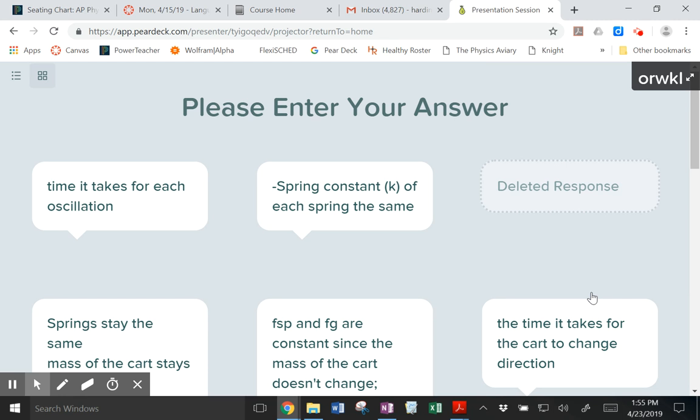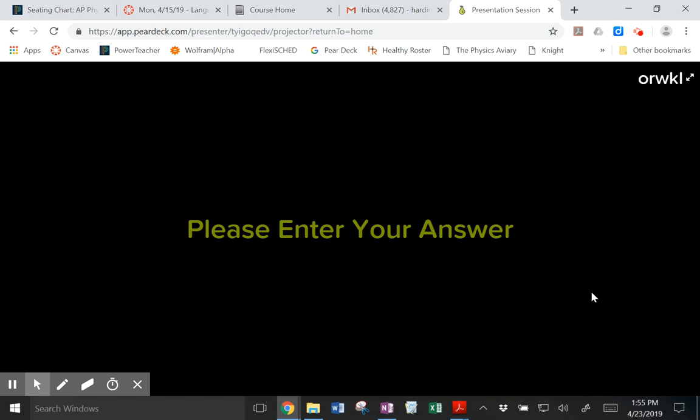What can you tell me about this position here in the middle right now? Let's ask you that question. What do you know about the object at that location?